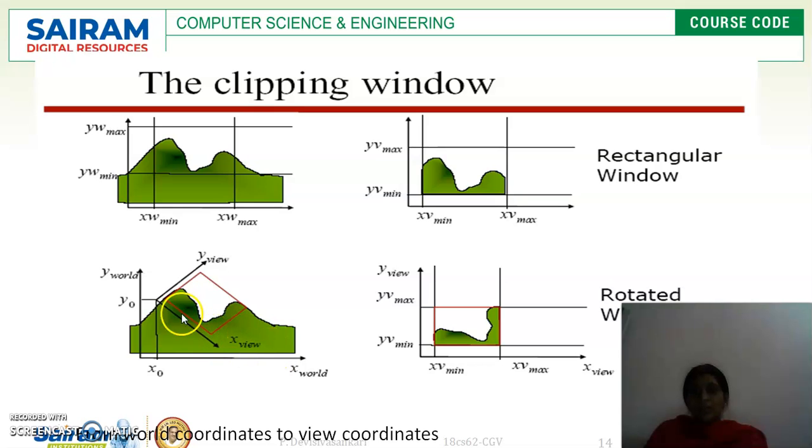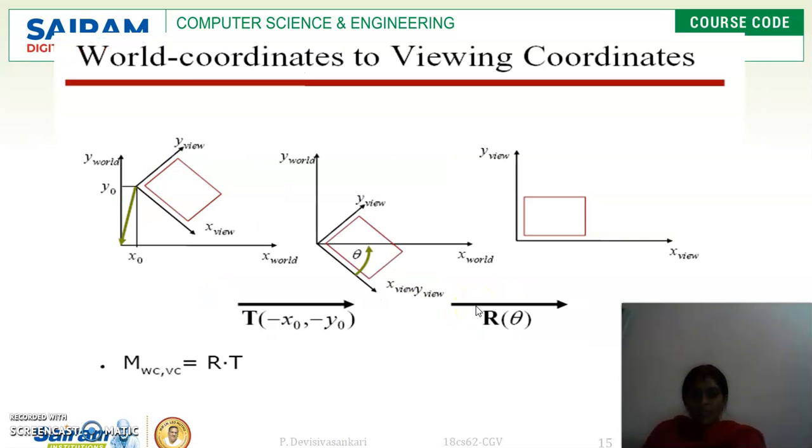We can make this an x and y plane, and we can change this as our viewport, right? So this should be rotated, then only we can view the proper clipping part of the object. Okay, so this is the world coordinate to the viewing coordinate.